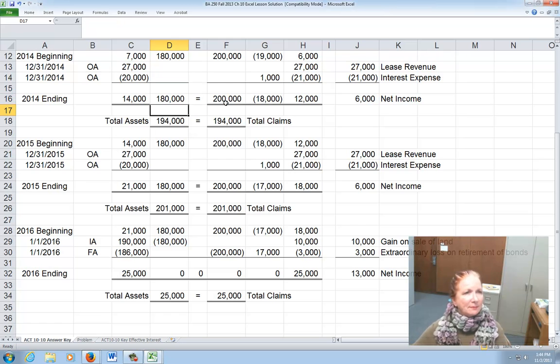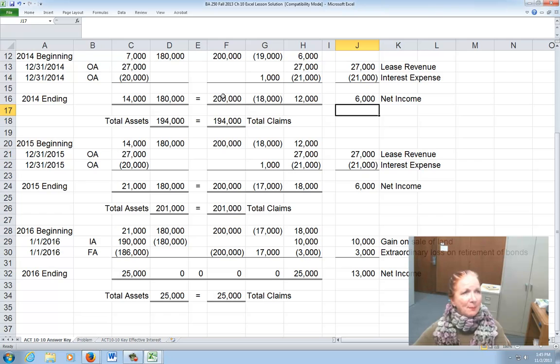And then we have the sum here of all of F12, all of the F column, all of the G column, and all of the H column. And I'm lighting these up so you can see them here on the screen in the bigger, and that you'll get the color presentation. And then we get net income, and the net income is equal to the lease revenue minus the interest expense, and it's there.